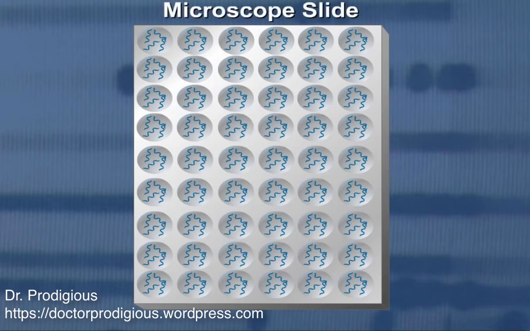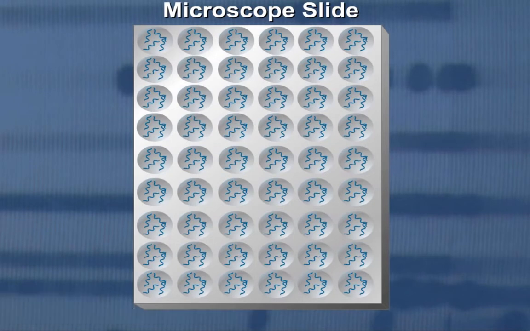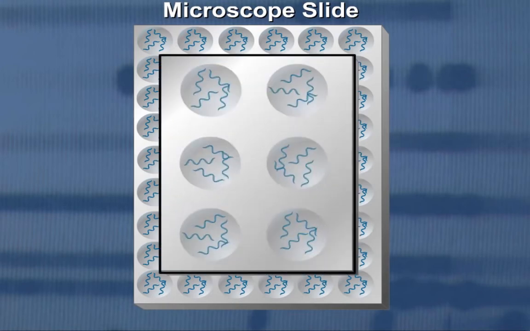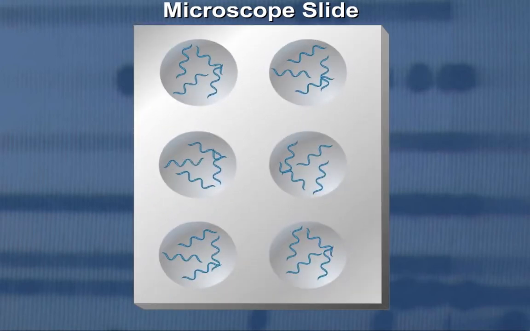The sequences are placed in a specific pattern so that each position on the slide corresponds to a particular known DNA sequence. The portion of a microarray shown here only contains 6 spots, which are labeled A through F. These spots may correspond to DNA sequences found in 6 different genes.